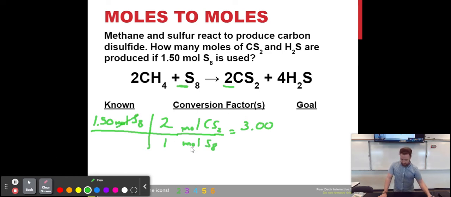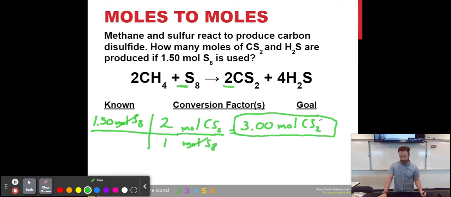And units-wise, moles of S8 gets canceled out, and we're left with moles of CS2. That's how many moles of CS2 will be produced from 1.50 moles of S8.